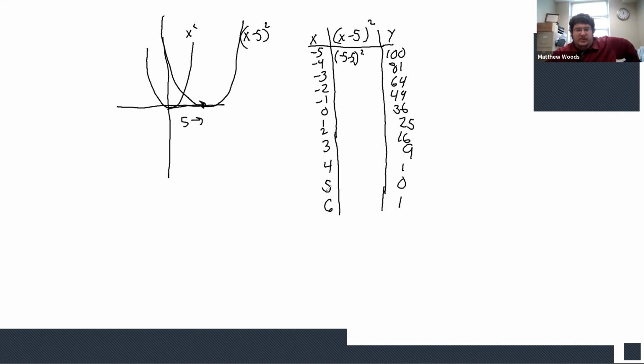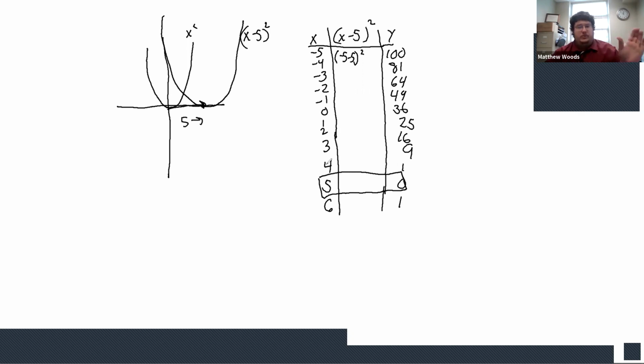You can see that because what it does is it shifts where this occurs. So instead of 0 occurring at the origin at x equals 0, the 0 of your function, remember from factoring and your roots, now happens at x equals 5.